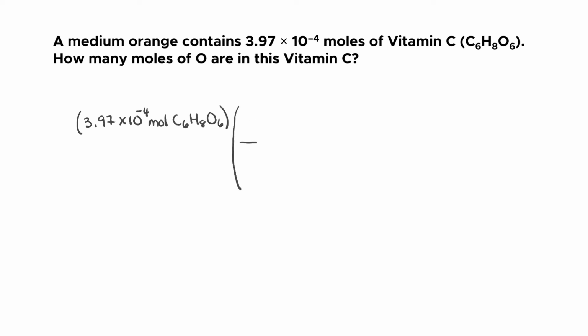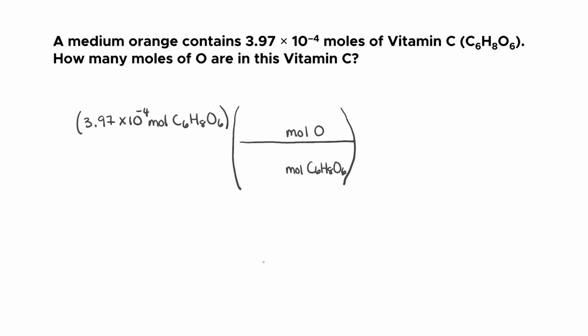When we set up our stoichiometry conversion factor, we need to make sure that the denominator units in the conversion factor cancel with the original units. So that means that moles of C6H8O6 will go in the denominator, and moles of atoms, in this case moles of oxygen, will go in the numerator.